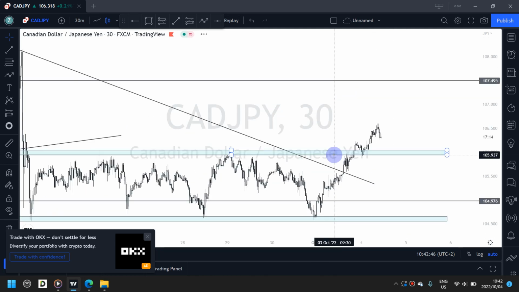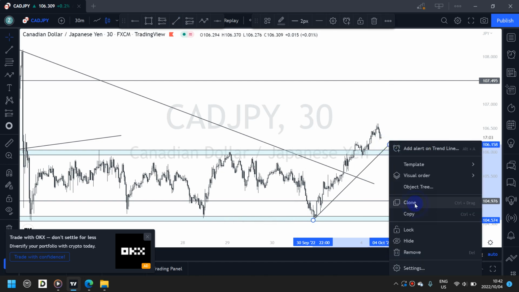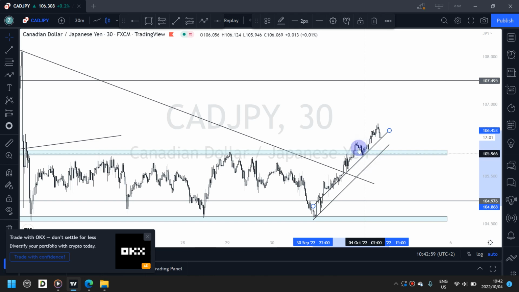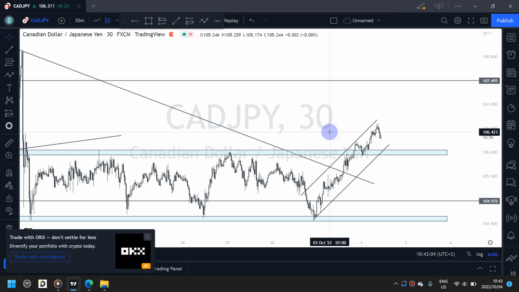If I move to the 30-minute time frame, which I use to identify reversal and or continuation chart patterns, here as you can see, there's none that we can see, but I have this trend that I want to add. Why am I adding this trend? Basically to identify an entry.